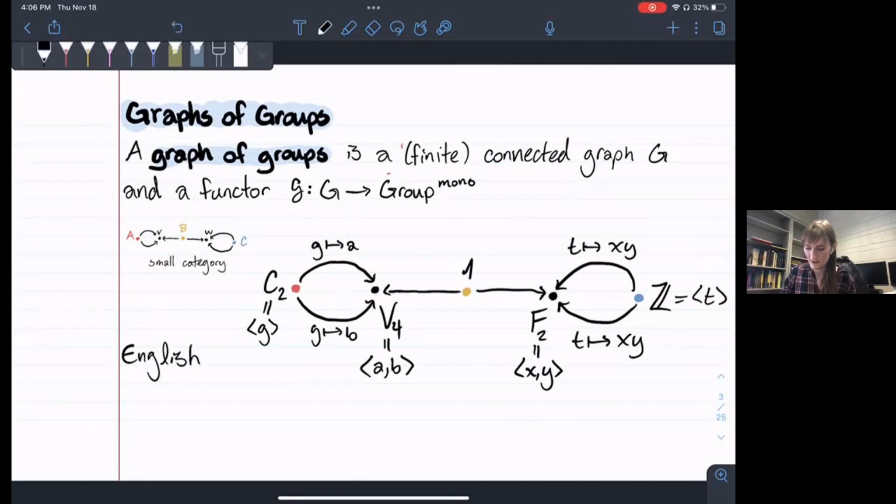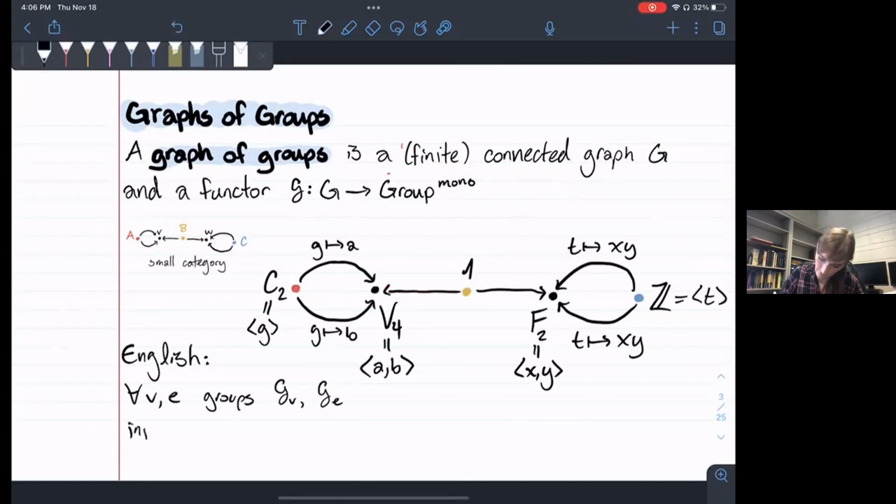It says that for each vertex V and edge E, I have groups. I'll call them fancy G sub V and fancy G sub E. And the functor tells me that for the arrows in my small category, I get injective homomorphisms of groups.